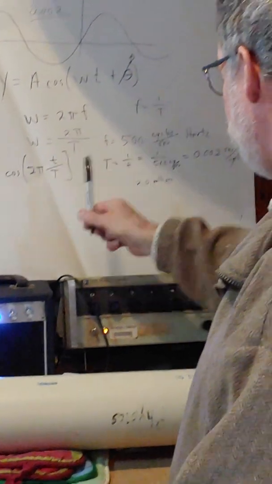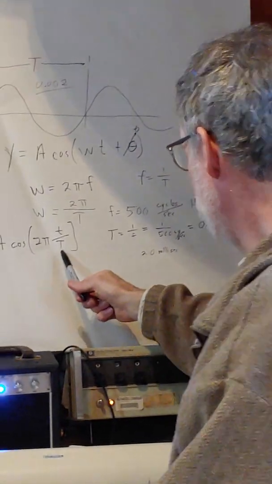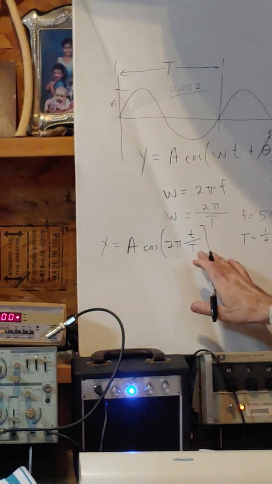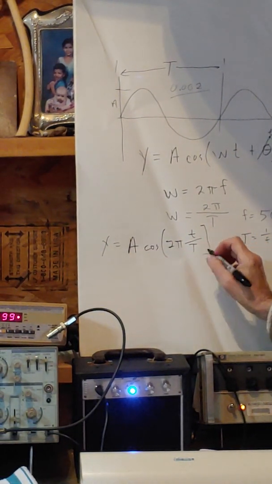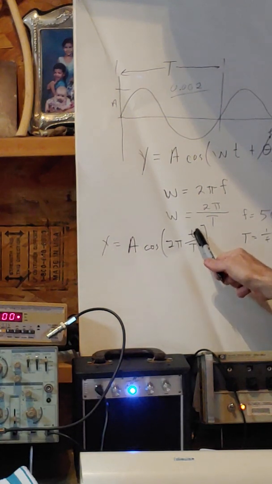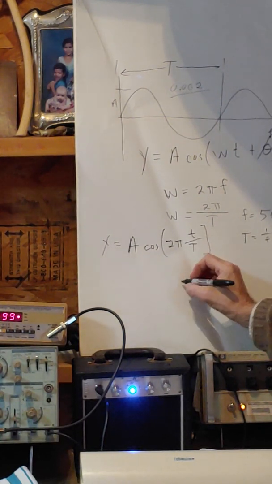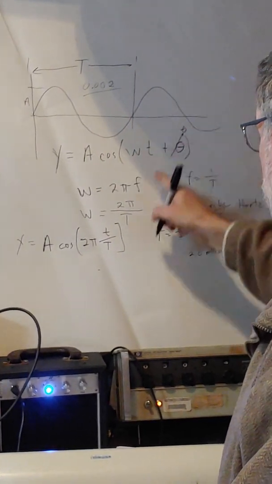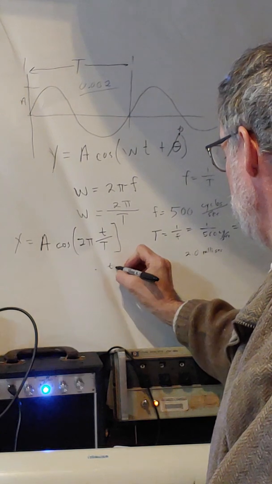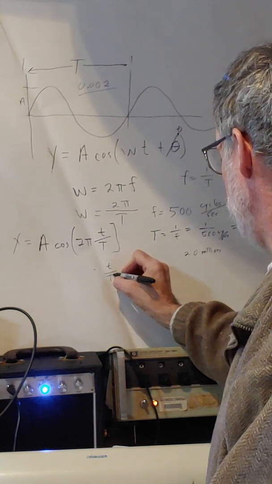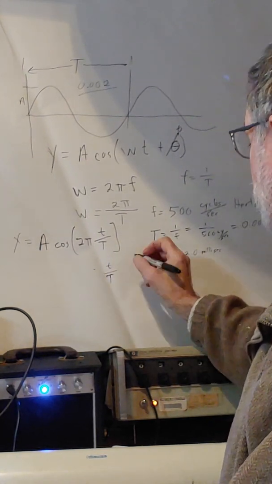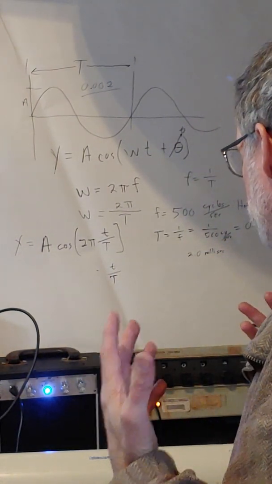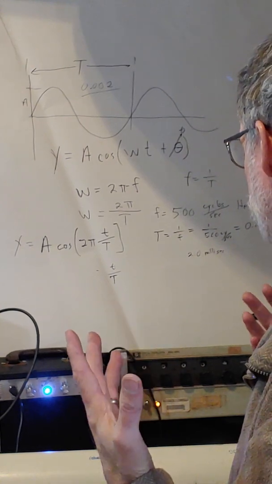So notice if we go back to our equation, we have 2 pi times t over tau. t is our time, and t over the big period is seconds over seconds, which divides out to be no units.